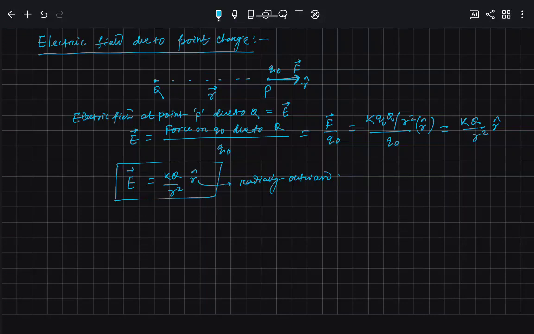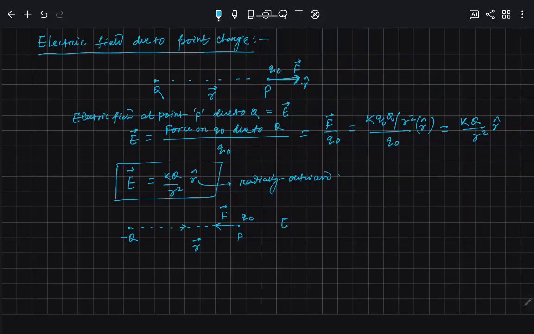If this is minus Q and I want to find out the field at this point, put Q naught, obviously you will tell that the force will be along this direction. If R vector is along this direction and force is along the opposite direction, I can say that the force will be along negative R cap direction.